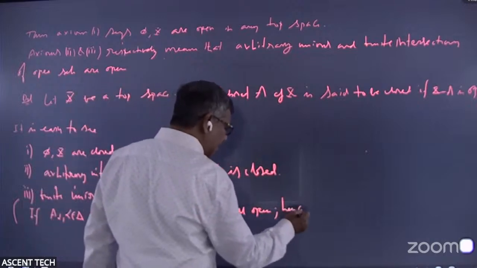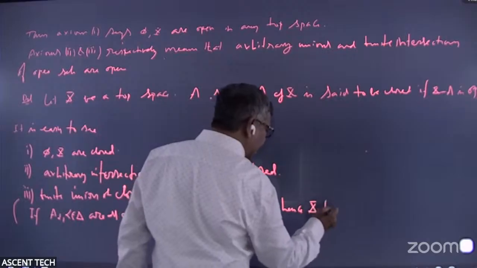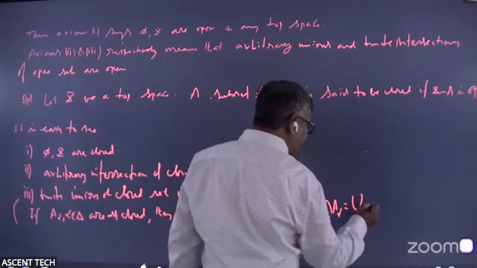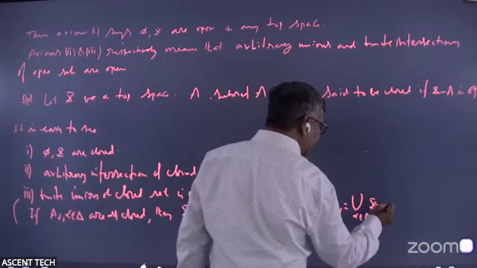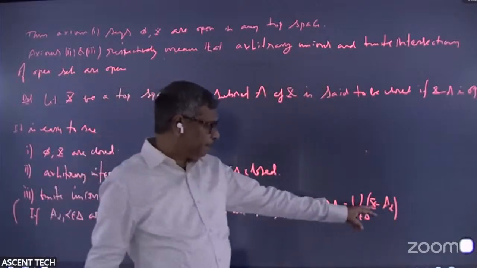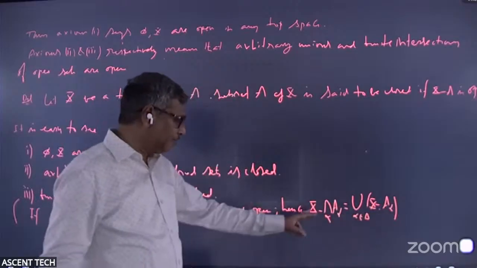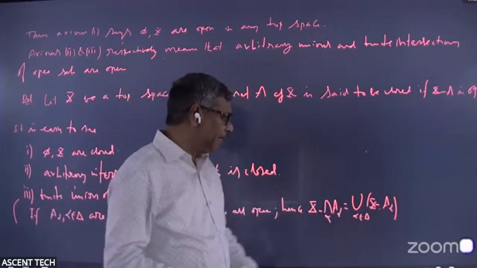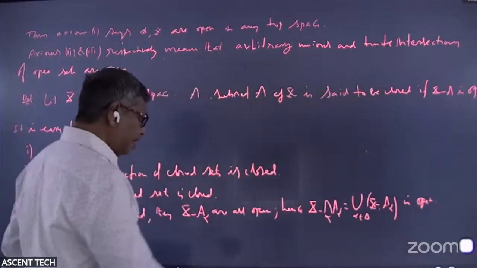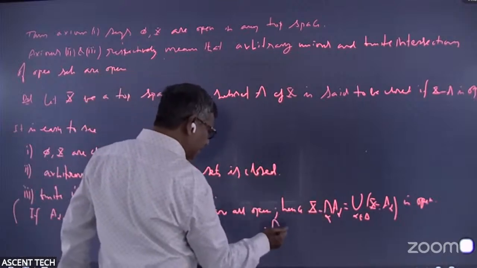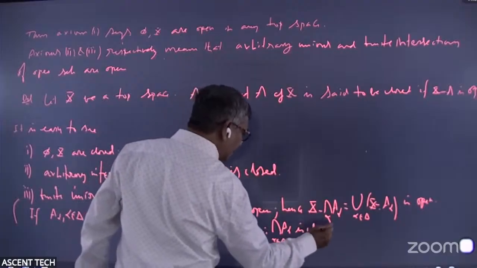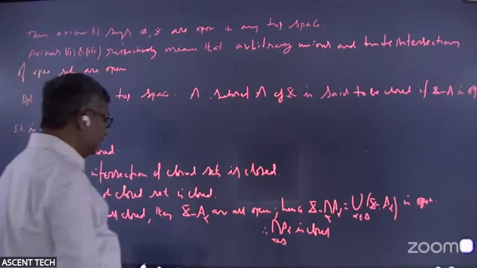Hence, X minus intersection A alpha, which is actually union alpha in delta, X minus A alpha, is an open set, and then arbitrary union, that is actually X minus intersection. This arbitrary union is in T, is open. And therefore, this has to be closed. Therefore, intersection A alpha, alpha in delta, is closed. That proves the second statement.